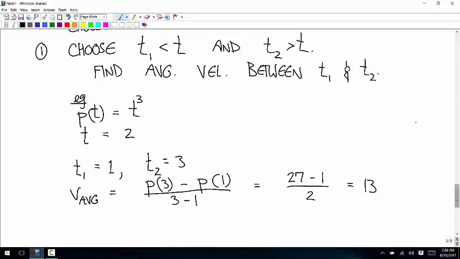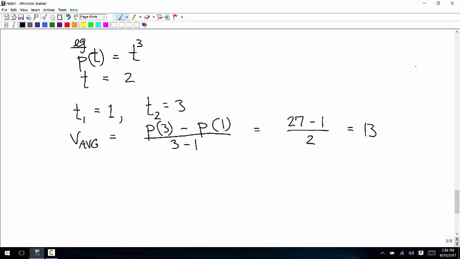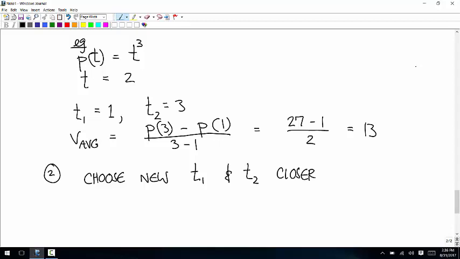Okay, so now step 2, we're going to choose a new T1 and T2 that are closer to T, and calculate the average velocity.